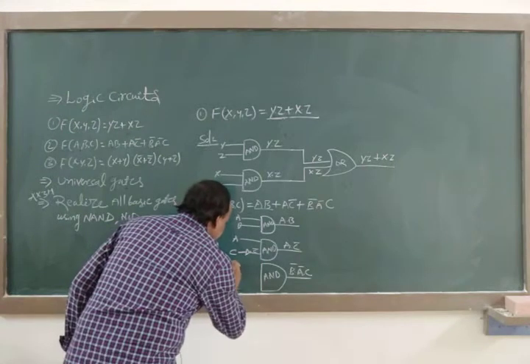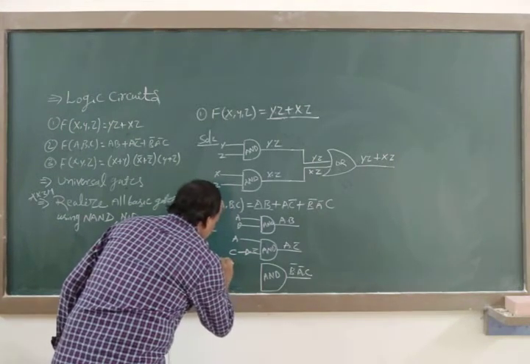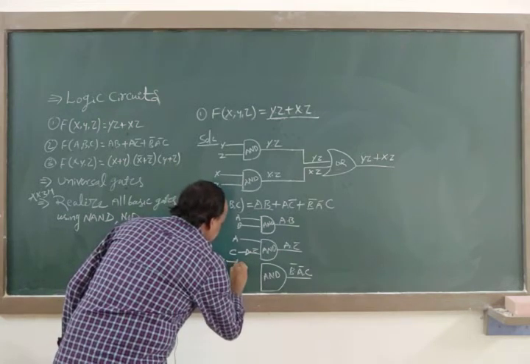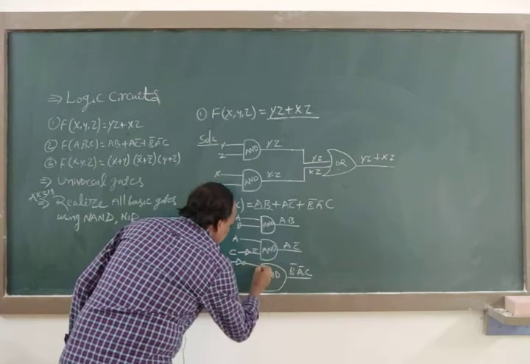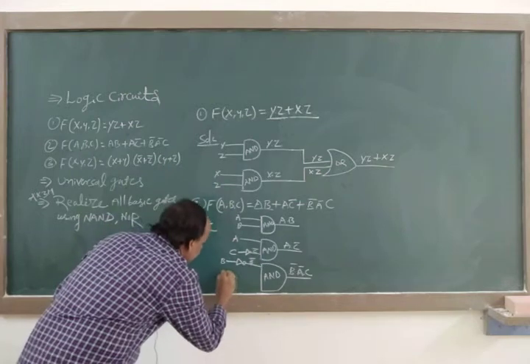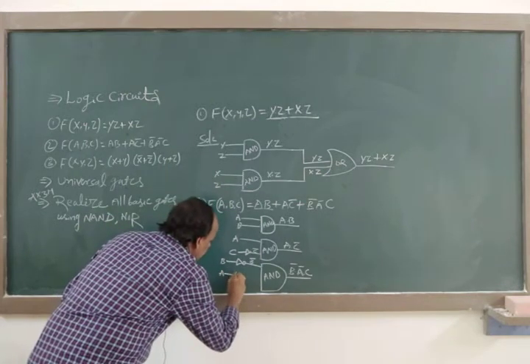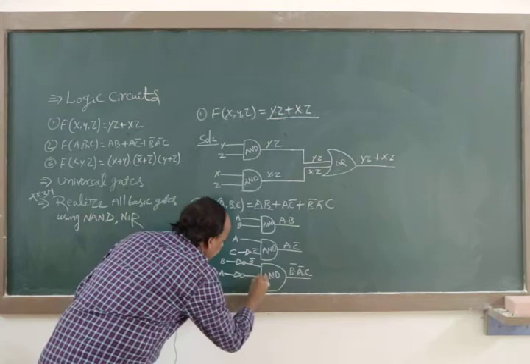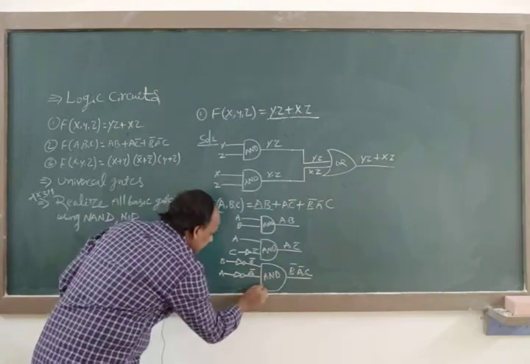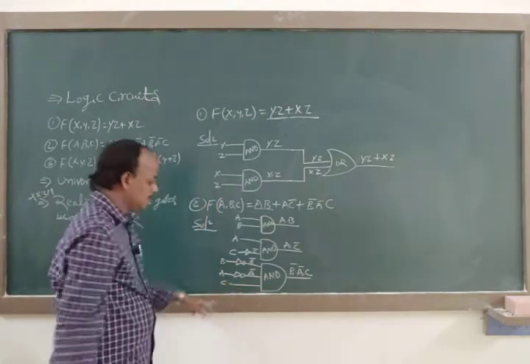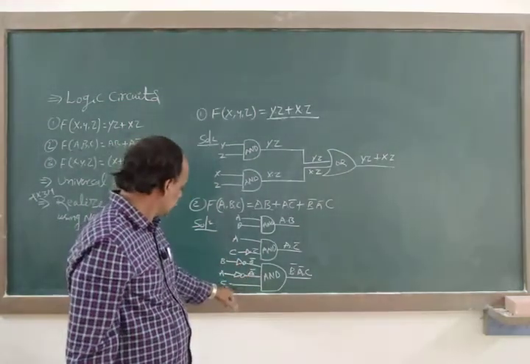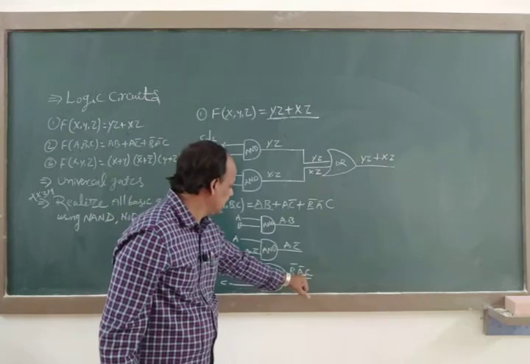Take B and use one NOT gate, we are getting B bar. Like that for A also, use one NOT gate, we are getting A bar. Next C, take directly C. If complement form is there, then we have to take compulsory NOT gate. Then we are getting A bar into B bar into C.